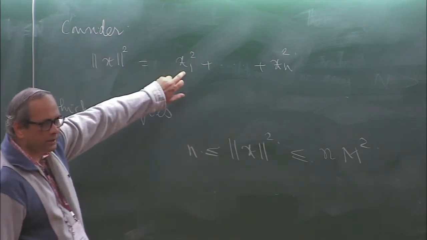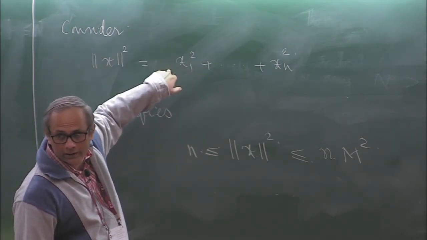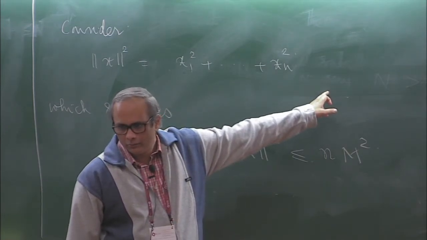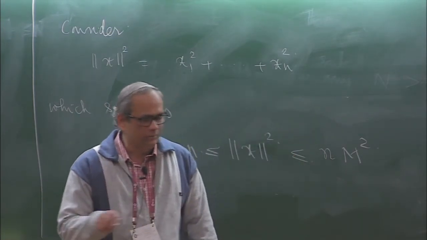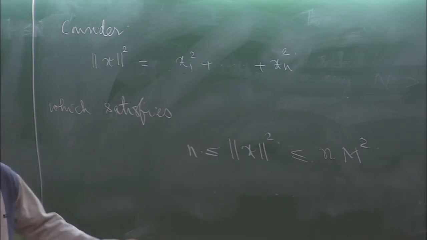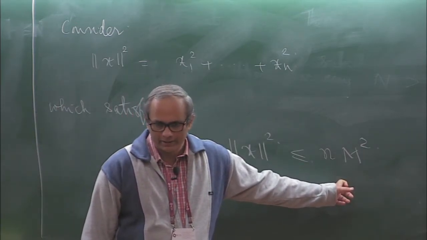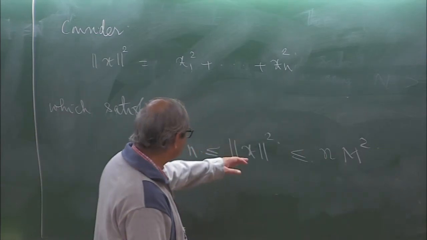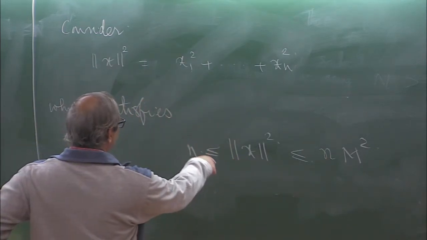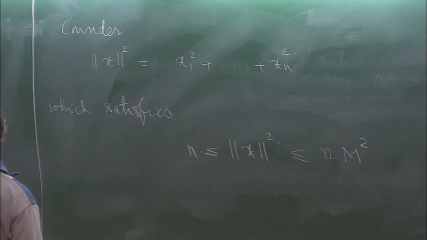Because each xi is between 1 and m, so this sum of squares is going to be between n and n m squared.